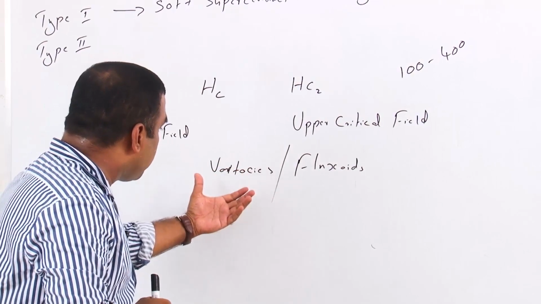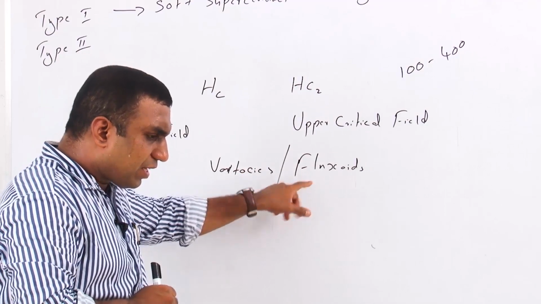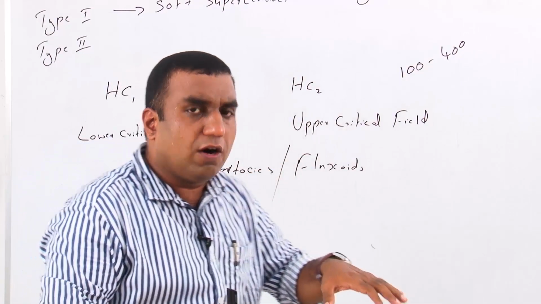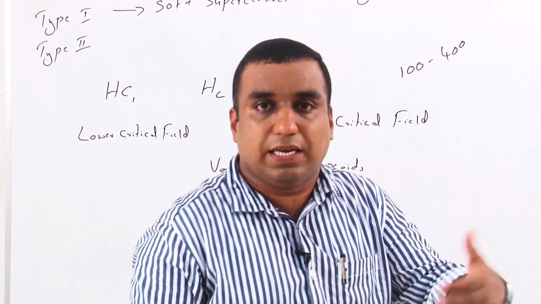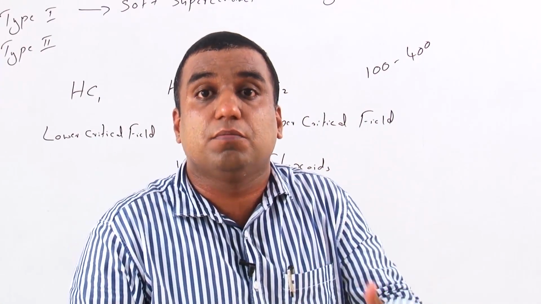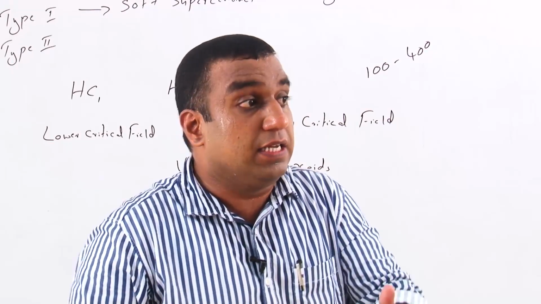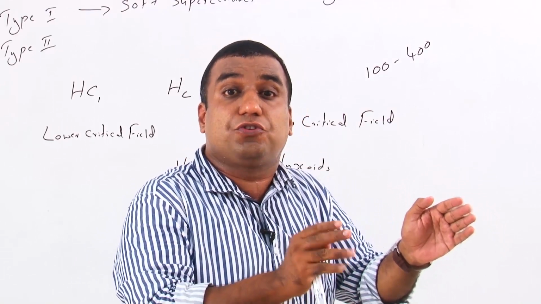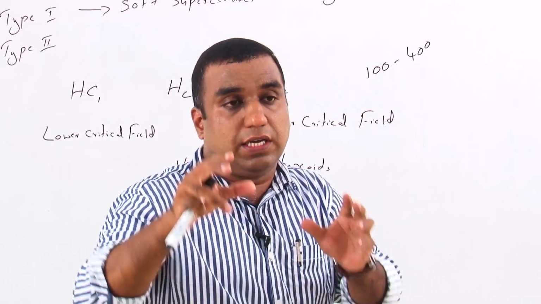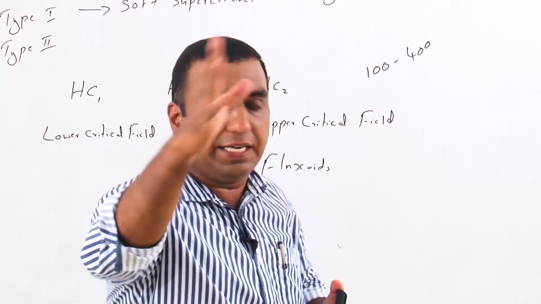And due to the formation of vortices or fluxoids, the surface energy of the material becomes negative and the material can withstand more critical field. And the reason for that is the material has too short coherence length. I will discuss coherence length later.